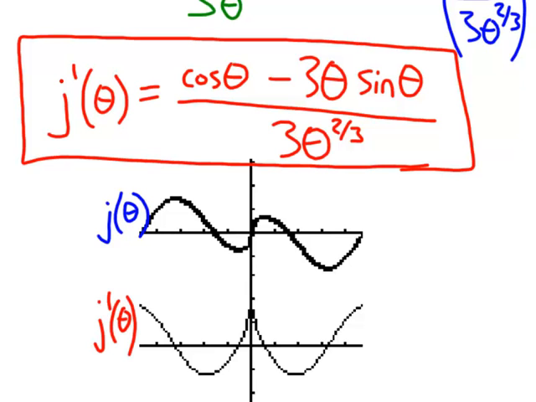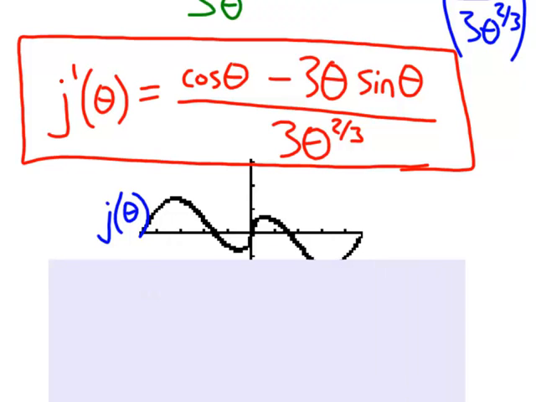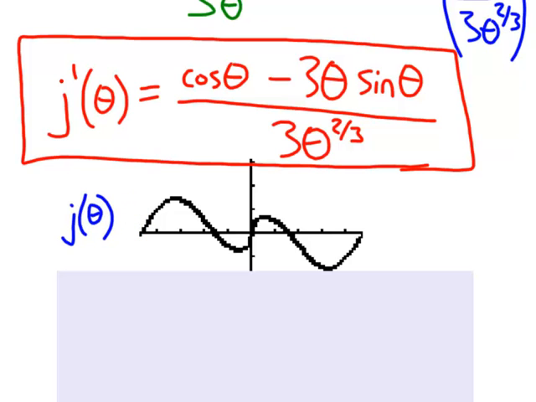And I want to point something out to you if you're not already aware of it. Let's ignore the j prime for just a second, and let's look at the intervals on which j of theta is increasing or decreasing. So notice that j of theta is increasing all the way up to right about there.